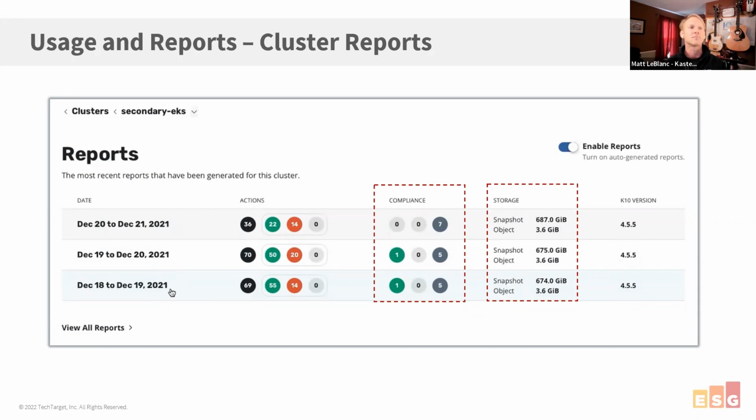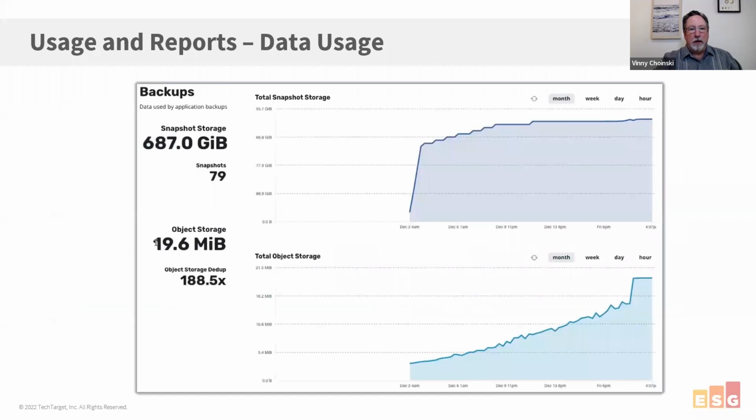Great. Digging a little deeper into that, we pulled this out because it's usage and data utilization. In this particular figure, we're tracking data as it grows, the snapshots that are being used, and the object storage.